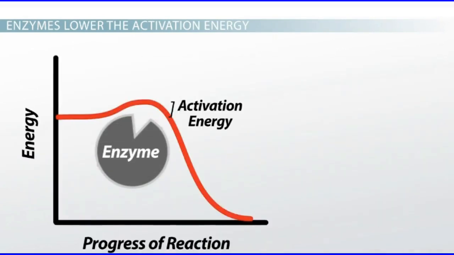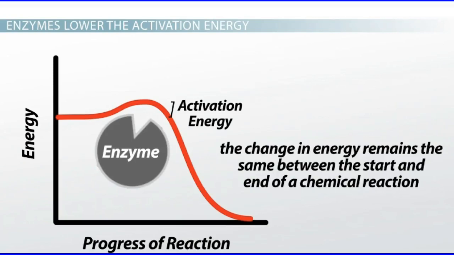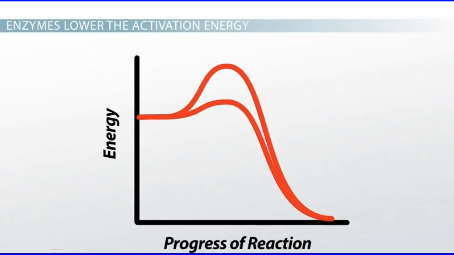In lowering the activation energy of a reaction, enzymes decrease the barrier to starting a reaction. It's important to note, however, that the change in energy remains the same between the start and end of a chemical reaction. For example, if a reaction released 200 kilojoules of energy without an enzyme, the same reaction would still release 200 kilojoules of energy with some enzymatic aid.